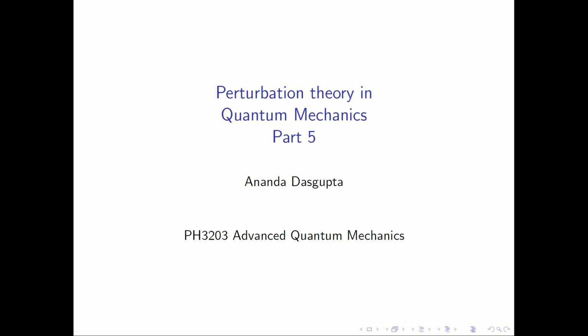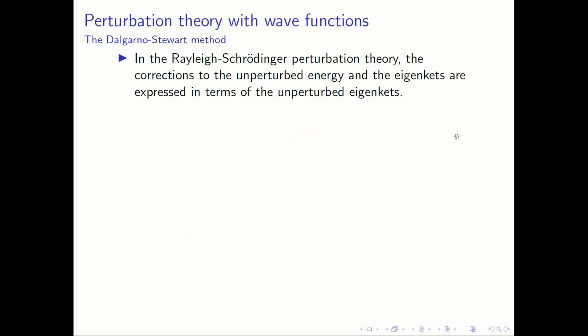So, in this lecture, I am going to give you one example of a method which is used extensively in time-independent perturbation theory, which goes beyond the Rayleigh-Schrödinger perturbation theory that we have been discussing so far. This is called the Dalgarno-Stewart method.